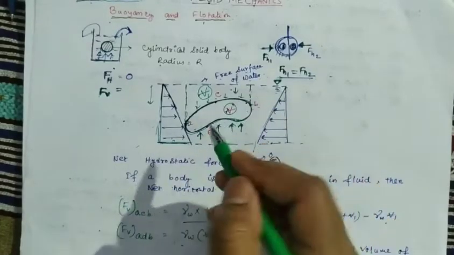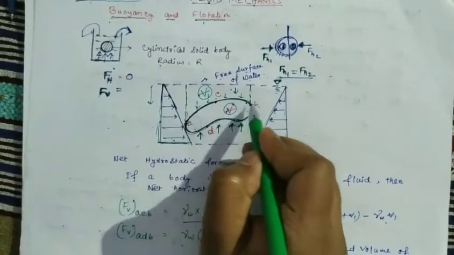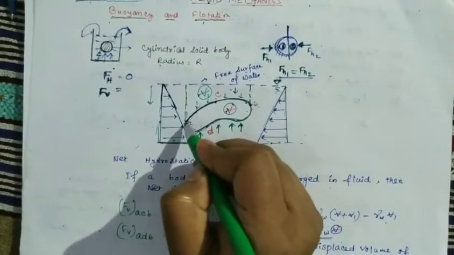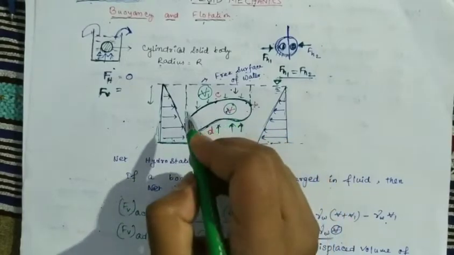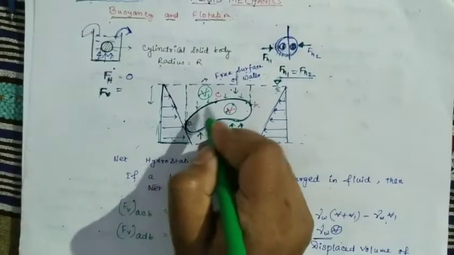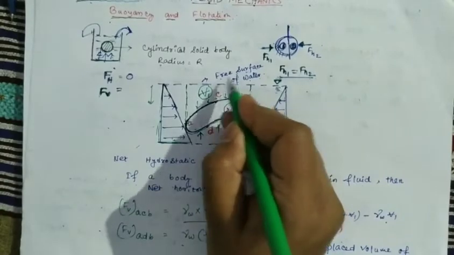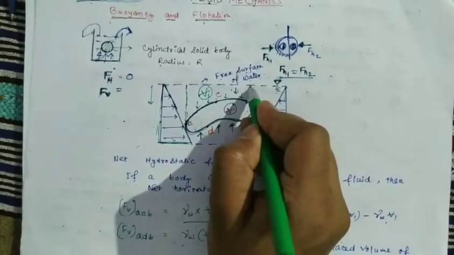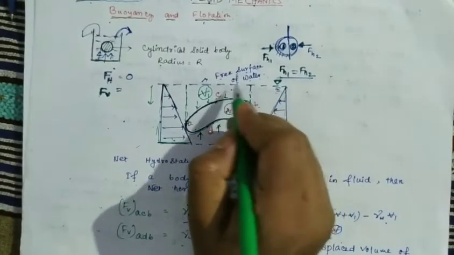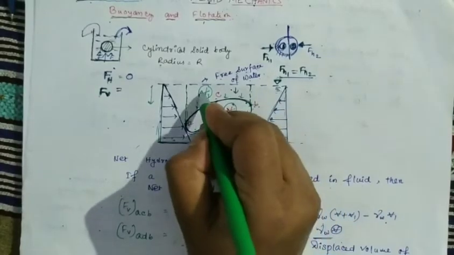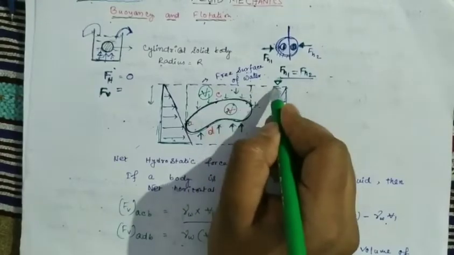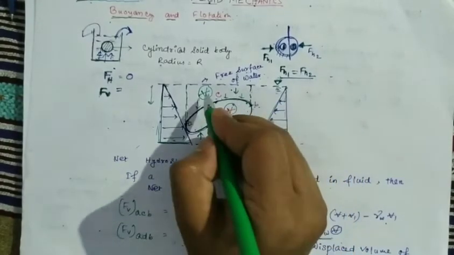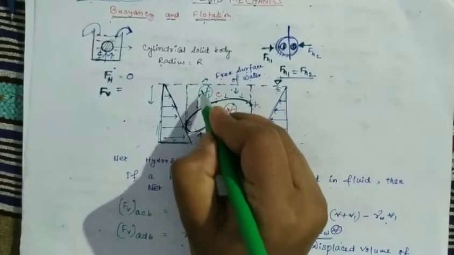I repeat again: whenever you calculate the vertical force on the surface ACB, you have to go from this surface upward up to the free surface level of water, and take all the volume of whichever medium comes. Suppose here only water is present from ACB to the free surface level of water. So the volume of water is V1.